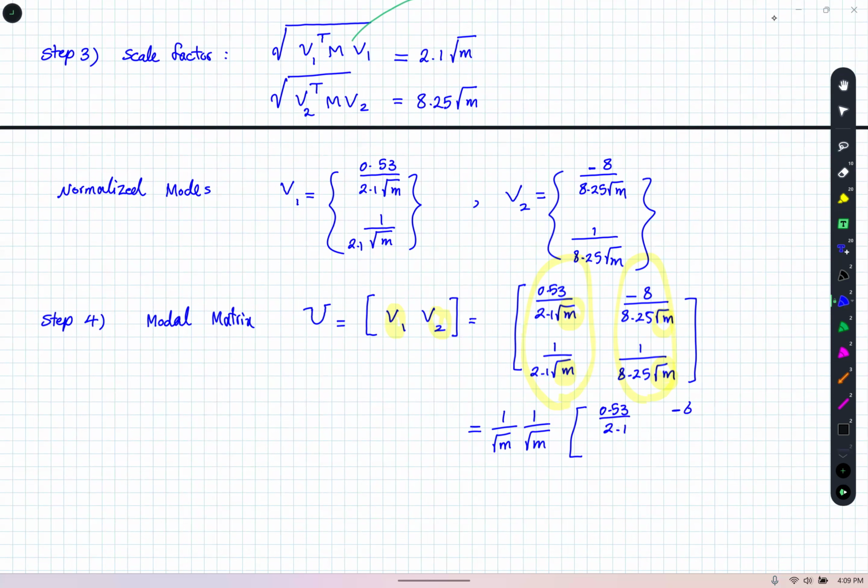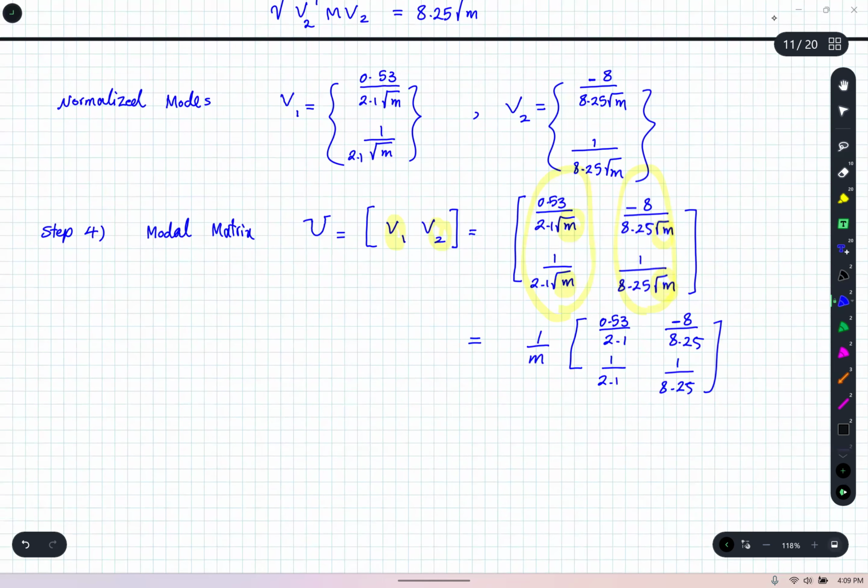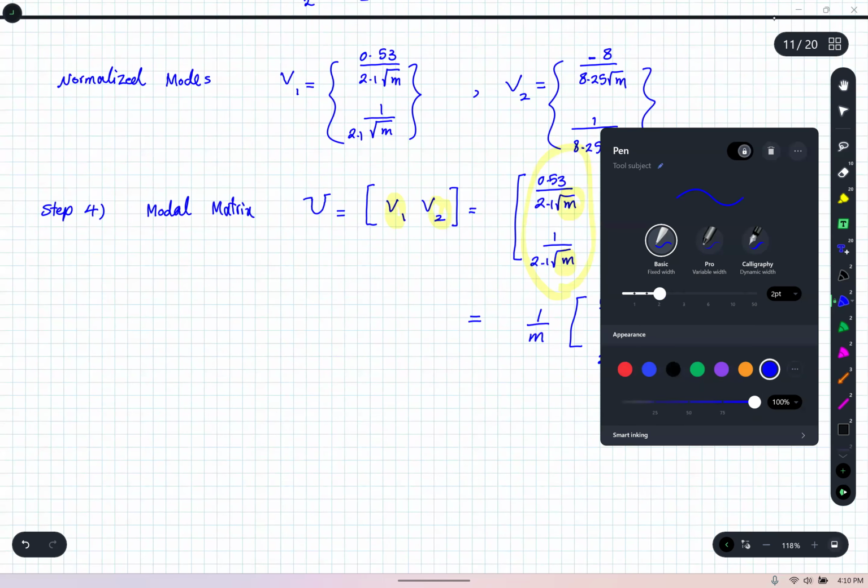This is just to make it a little bit easier. So now I can replace that value by simply 1 over m. So that's my modal matrix. That's the one that is going to do the magic.